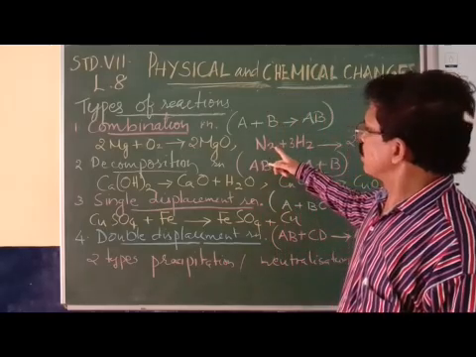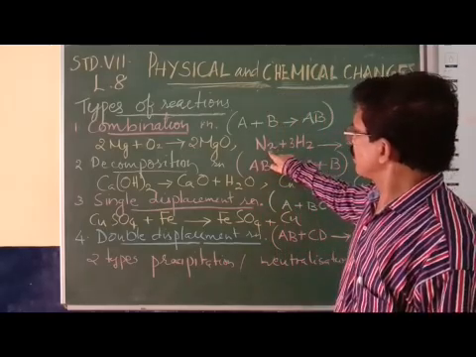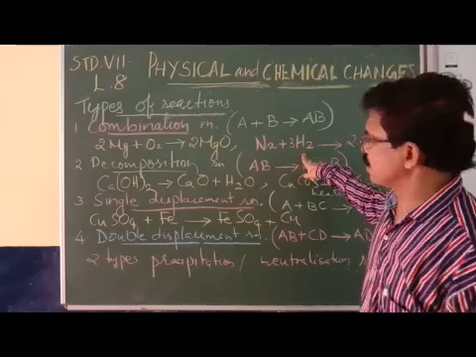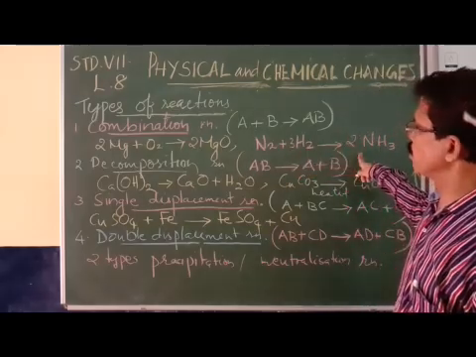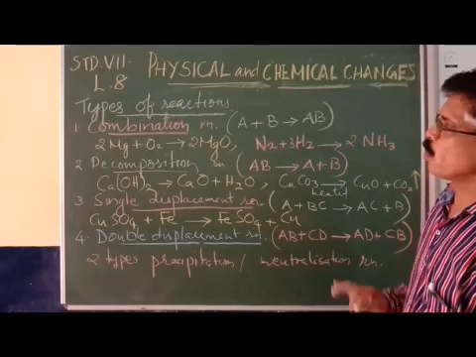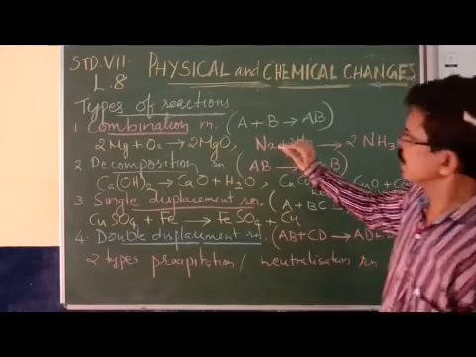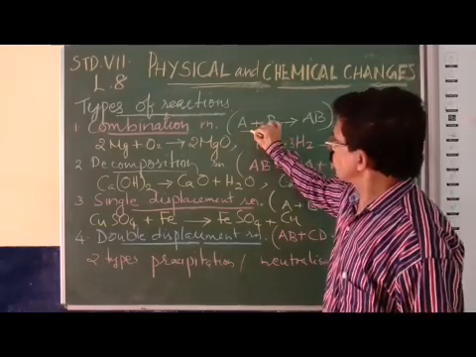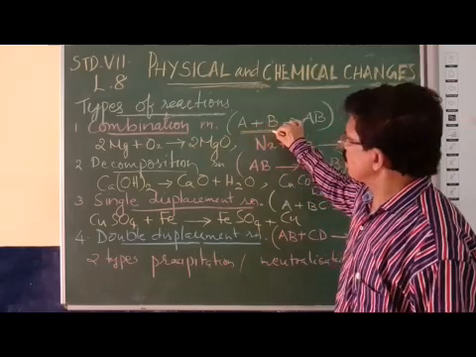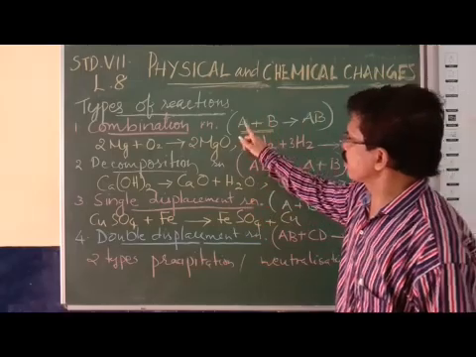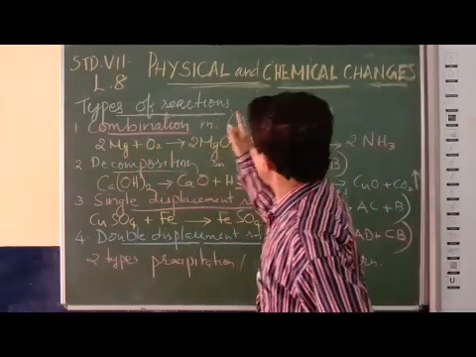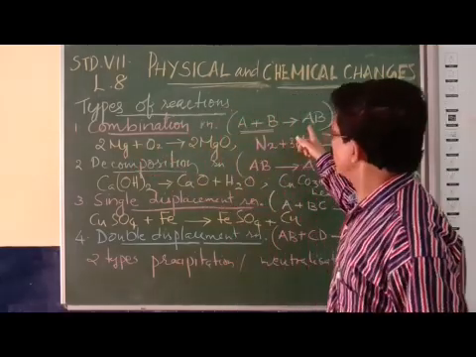Now another example: nitrogen reacts with hydrogen to form ammonia. In short, in a combination reaction, two or more reactants or elements, here A and B, combine to form AB.